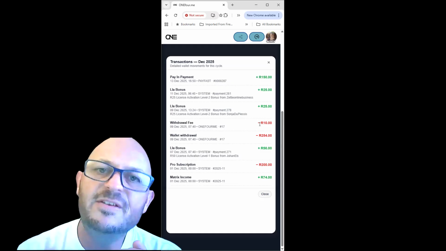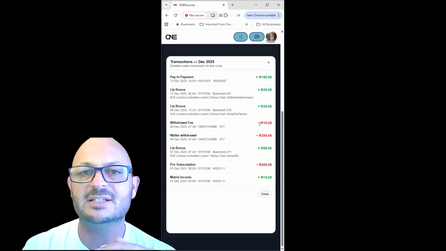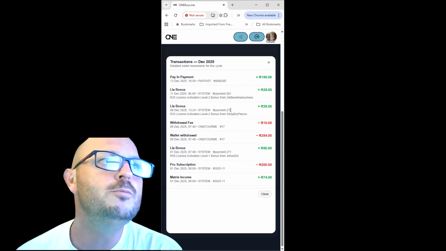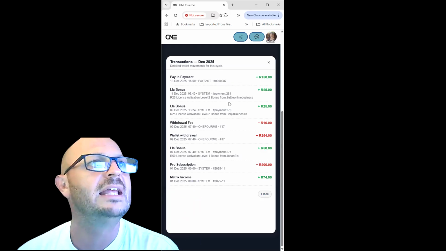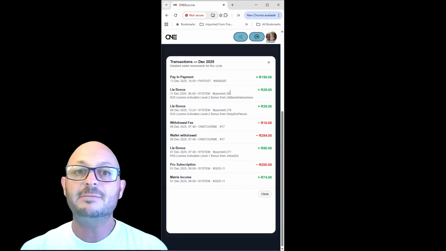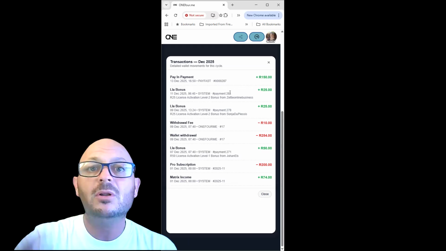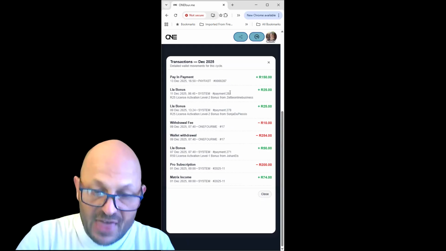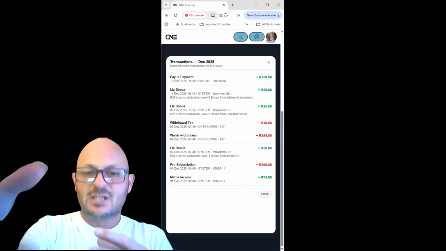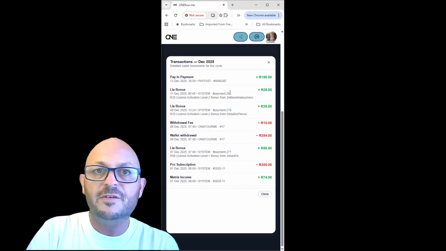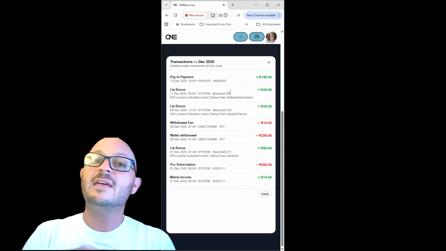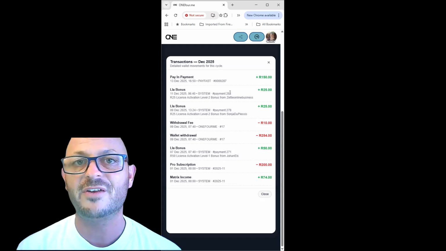So you can see every single transaction that affects your wallet is recorded. Then a level 2 bonus was paid into her wallet, another level 2 bonus. That means that one of the people that she personally sponsored, sponsored another person. So that person she brought in got the 50 Rand level 1 bonus, and she received the level 2 bonus of 25 Rand.